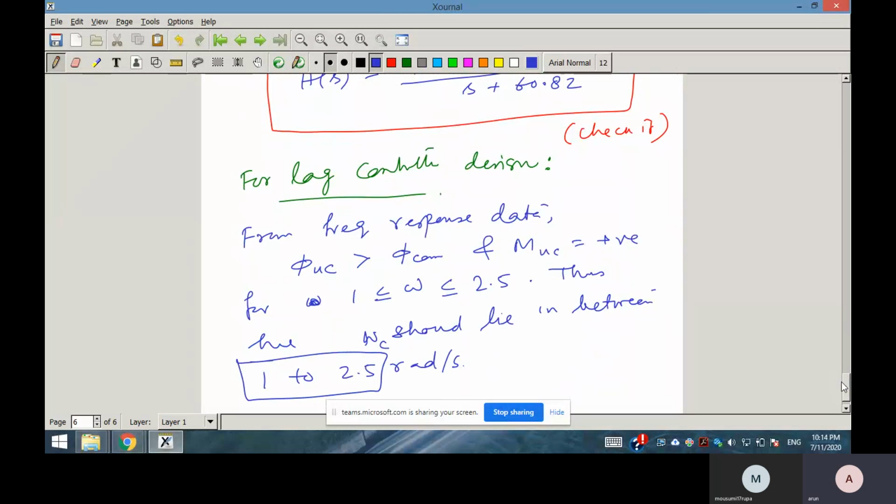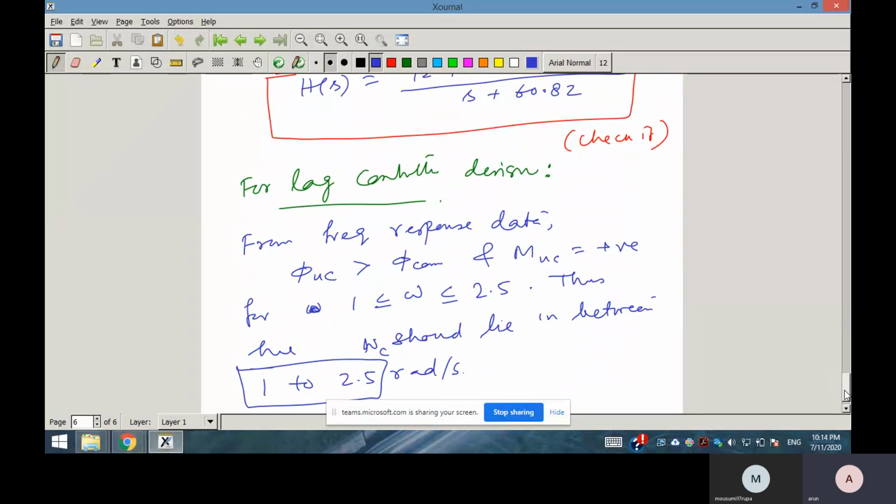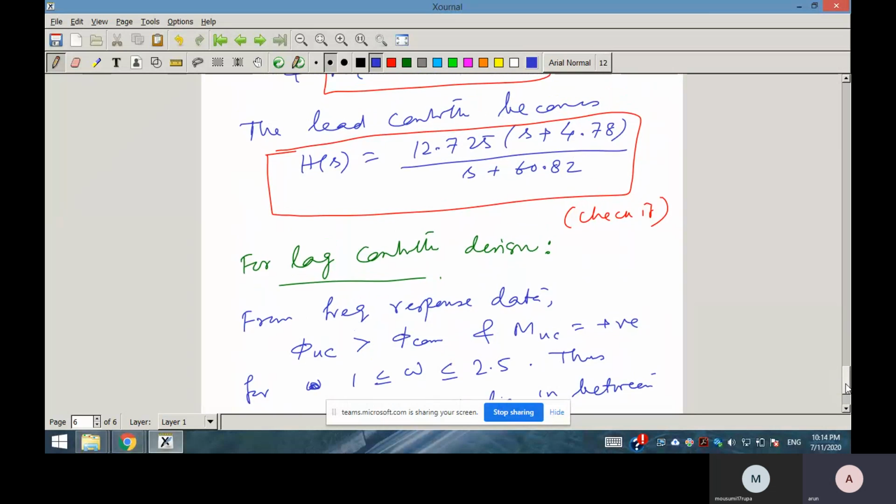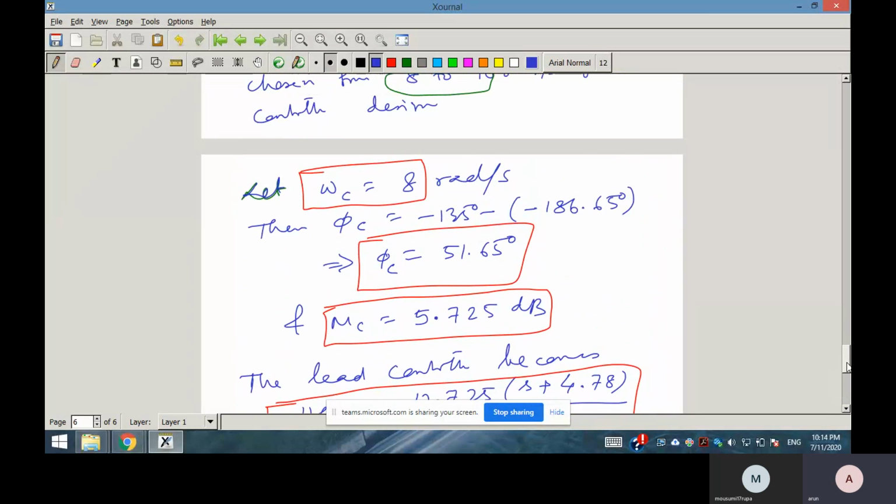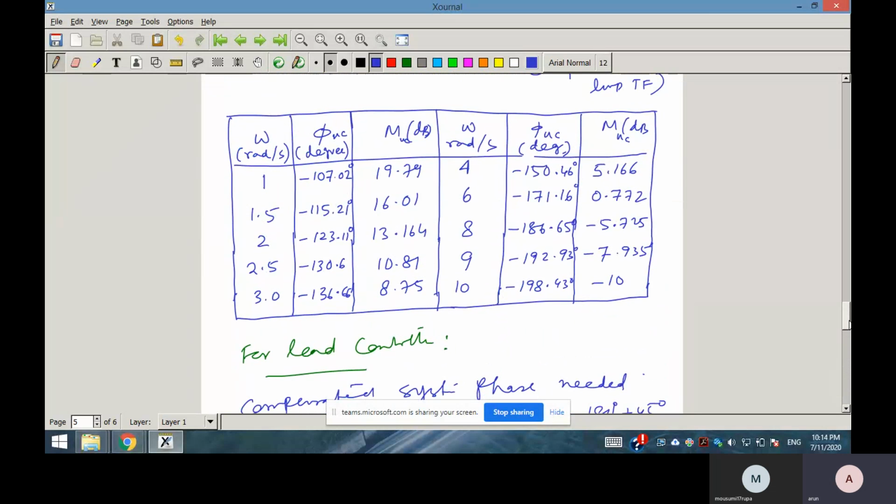Okay. Now, in case of a phase lag controller, the main objective is to provide gain attenuation, so it should provide as little phase lag as possible. Phase lag is actually not allowed much in practice.